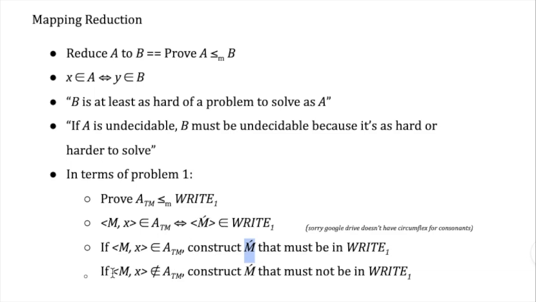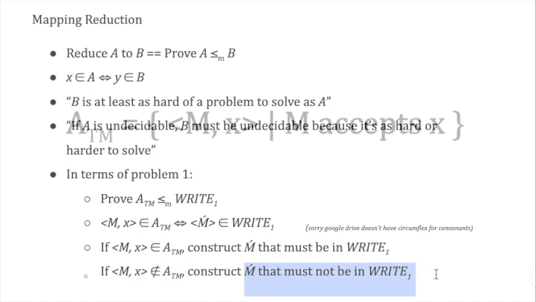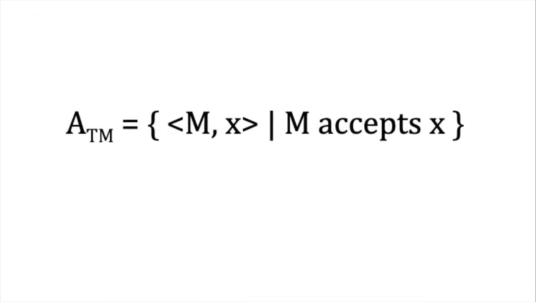And if the input is not in ATM, we must output a machine that's not in Write1. And just to review, ATM is the pair M, X, where M accepts X. So M is a Turing machine and X is some input. Generally, ATM is actually really useful in undecidability proofs. They're kind of formulaic, and you'll see why in a second.